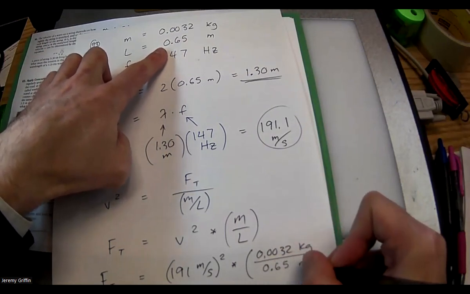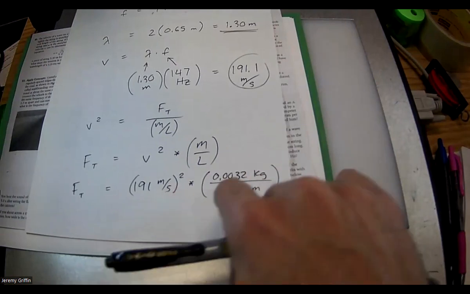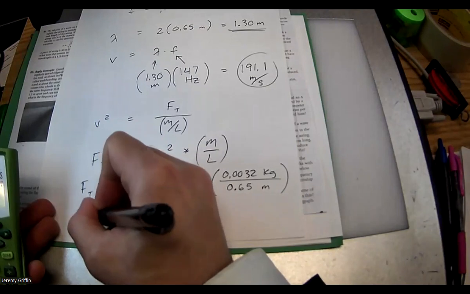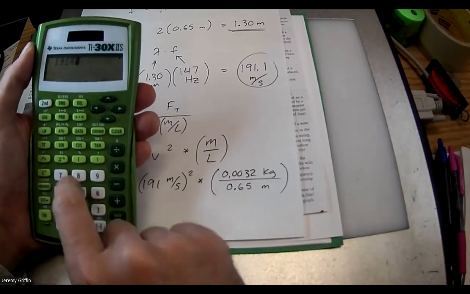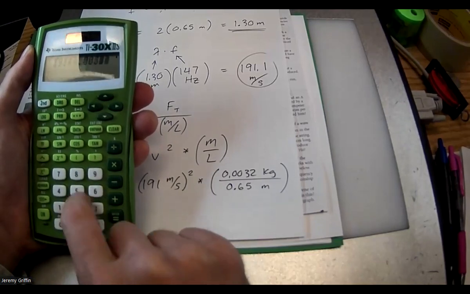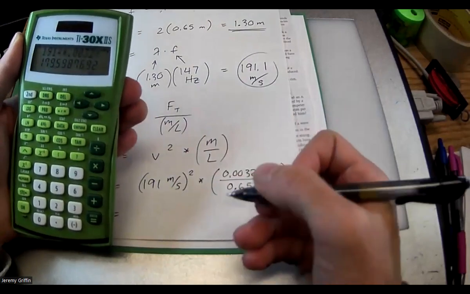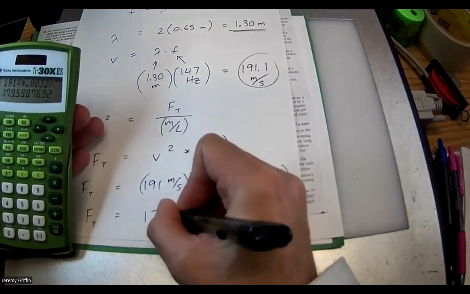Did a little conversion to get there. Remember to convert to base SI units. And now it's really important we have those base SI units so we get an answer in newtons. Okay. 191 squared times 0.0032 over 0.65. Okay. I'm getting 179.6 newtons. Yeah, I'll write that. 179.6 newtons.